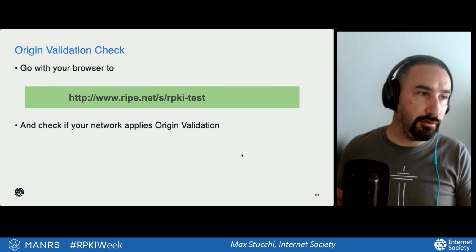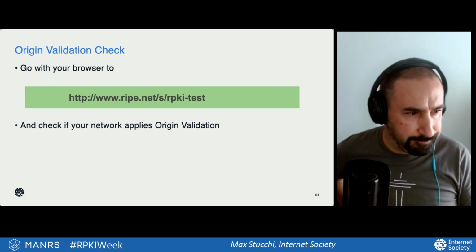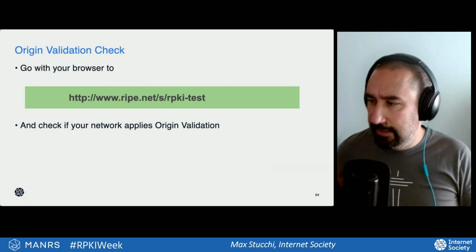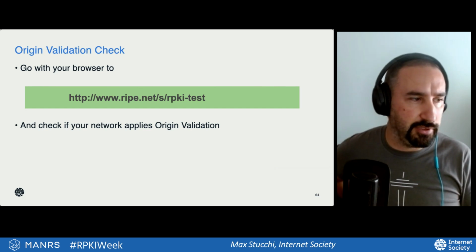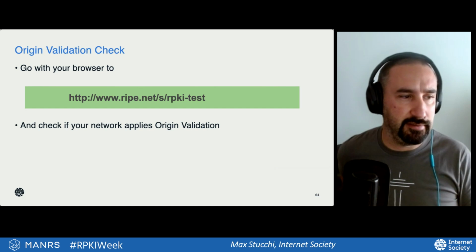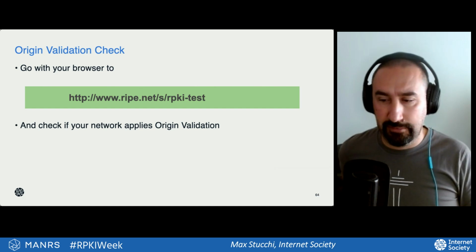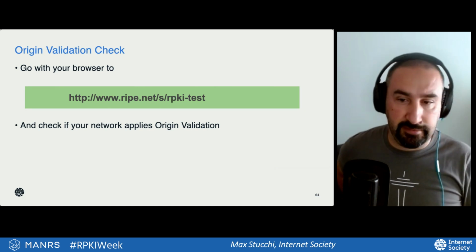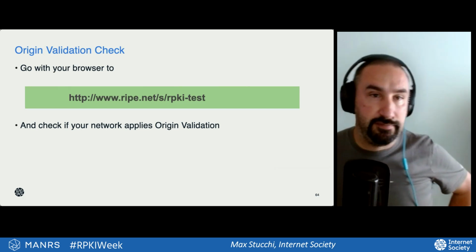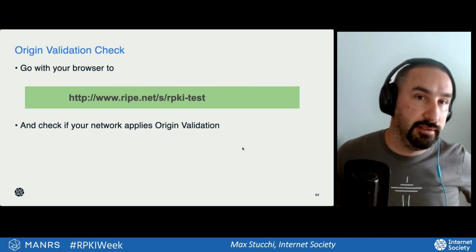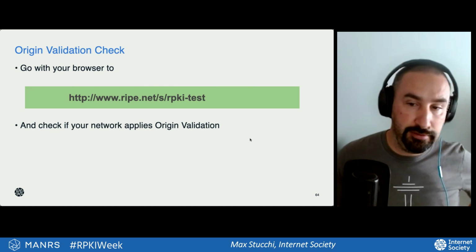You can run the origin validation check, although on Monday they told me that this is actually broken. So I will also need to go back to RIPE NCC and tell them that this needs to be fixed. But this is a system where you can go and check if the network where you are does origin validation or not.